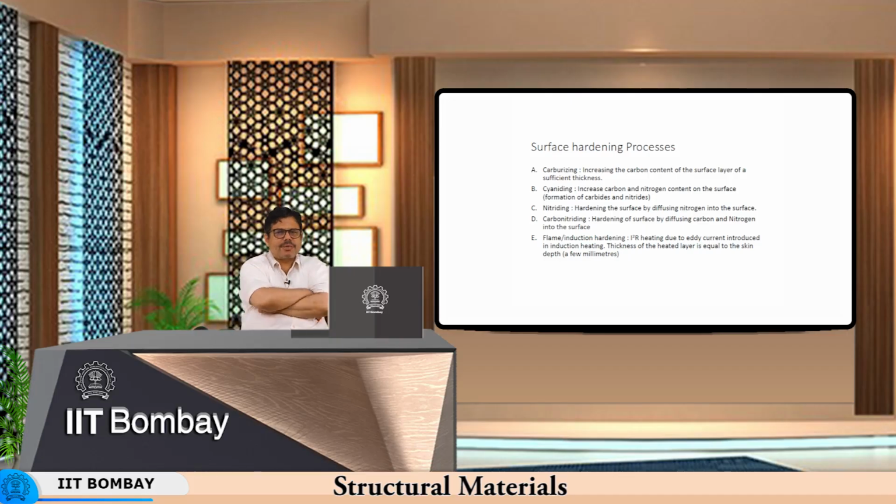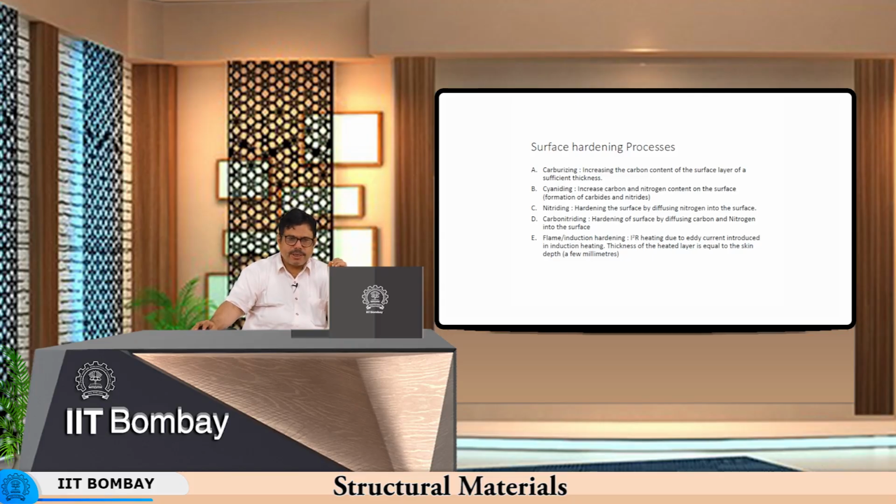Now, we need hardening not throughout the workpiece, but we need surface hardening. So, we need increase of hardness at the surface, and which is achieved by change of the chemical composition on the surface by, let us say, carburizing. Carburizing means you increase the carbon content on the surface, and this carbon content on the surface results in the martensite formation only on the surface.